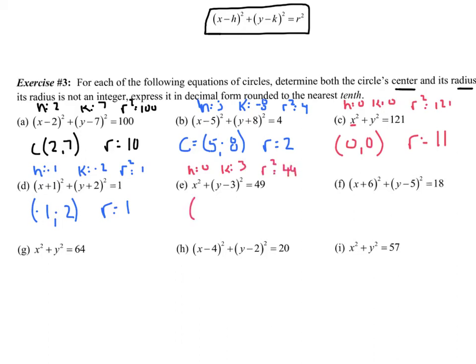So the center's at (0, 3) and the radius is 7. All right, let's see. I've got a center (negative 6, positive 5), just negating those. They did say if my radius is not an integer, we'll express it to the nearest tenth. So if r squared is equal to 18, I'm going to take the square root.